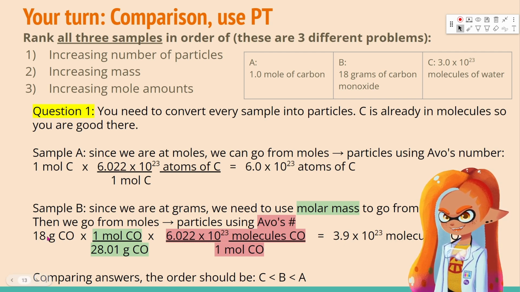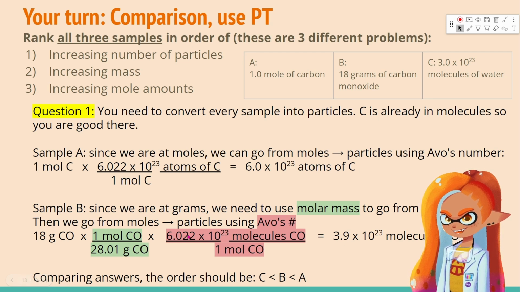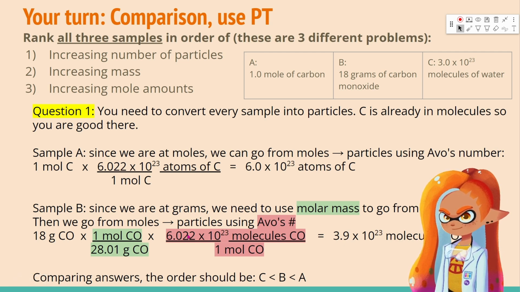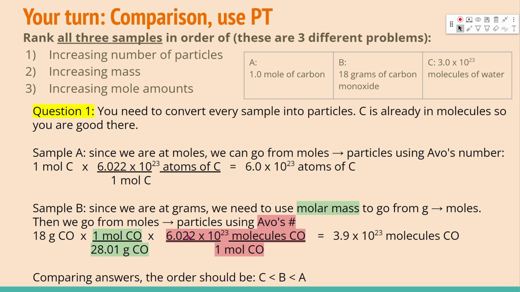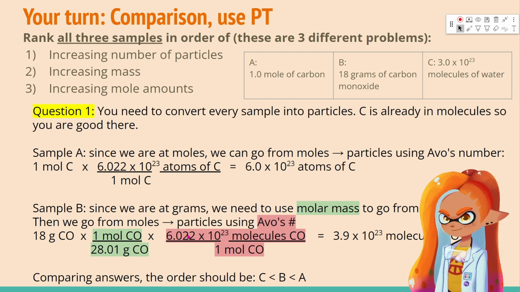So I do 18 divided by 28.01, multiplying by Avo's number. And as you can see right here, we have 3.9 times 10 to the 23. We have 2 sig figs because in the problem it was given as 2 sig figs because it was 18 grams. So the answer comparison, again, we're increasing number of particles. So C has the least amount, and then B has the next, and then A has the most. And so that is the order of operations for this.